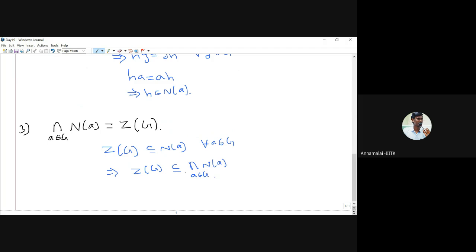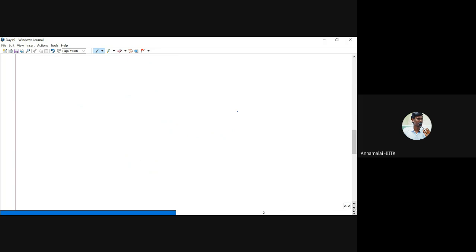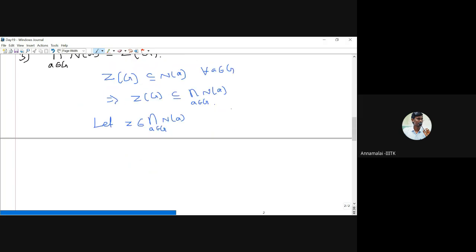Suppose we start with an element in the intersection of N of A. So let us suppose we take some z in the intersection of N of A, where A in G. That means z belongs to N of A for all A in G. This is small z, but otherwise you can take some other letter.